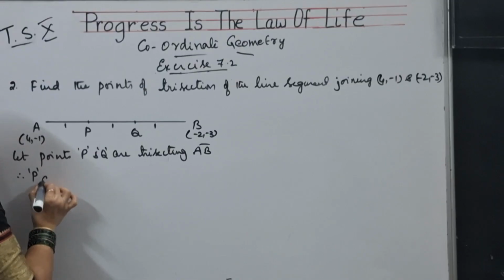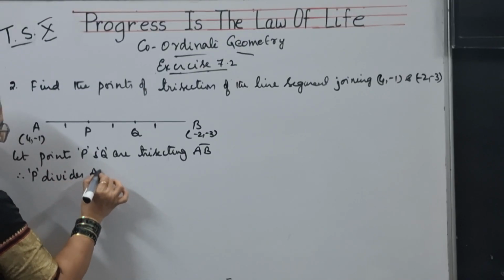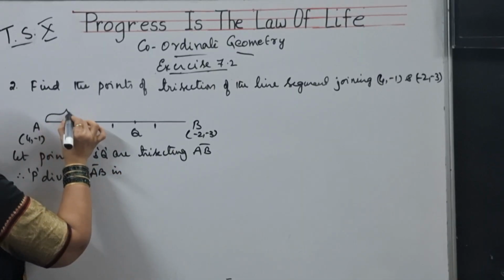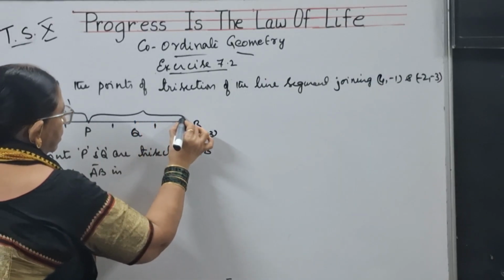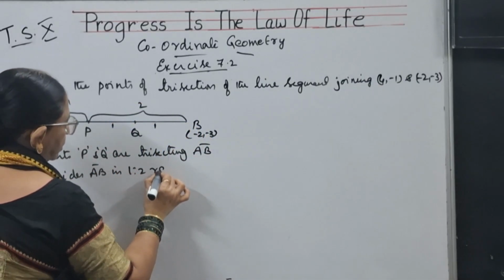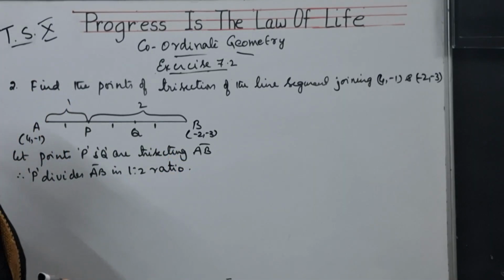Therefore, P divides AB in, from here to here this is 1, and from here to here it is 2, in 1:2 ratio. So P divides AB in 1:2 ratio.